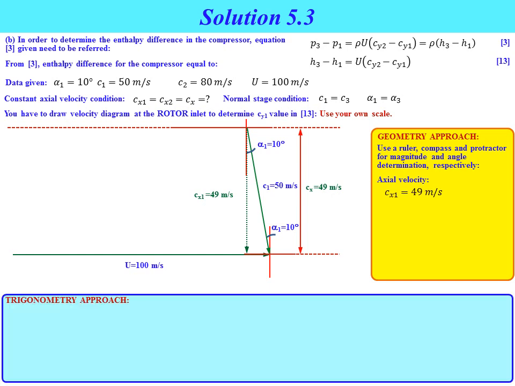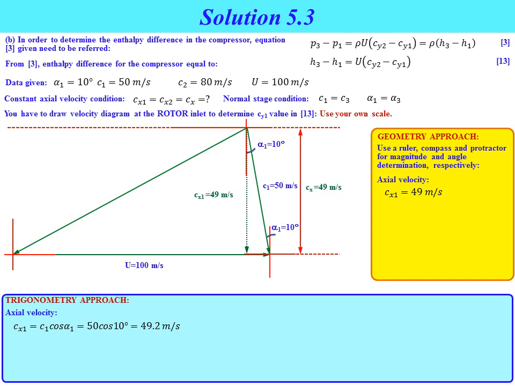We can also determine the Cx value using the trigonometry approach, where Cx1 equals C1 cos alpha 1. We already know C1 and alpha 1, so substituting into the equation, we get Cx1 equal to 49.2 meters per second.